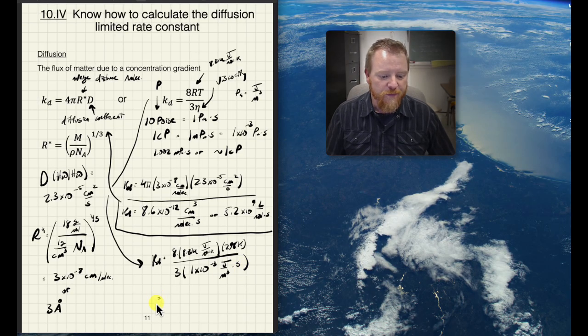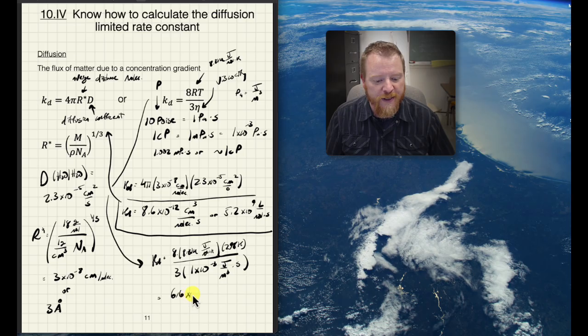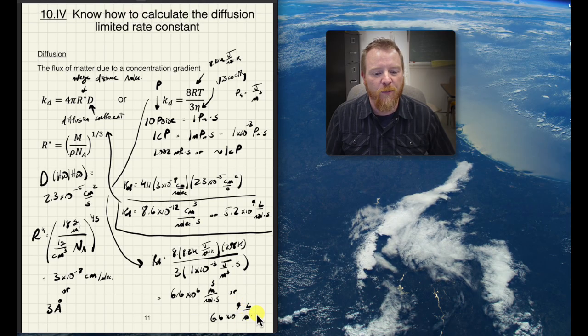And when we calculate all of that, we get about 6.6 times 10 to the 6th, and that ends up being meter cubed per mole per second. Or if we want to convert that into liters so we can be comparable, we get 6.6 times 10 to the 9th liter per mole second.